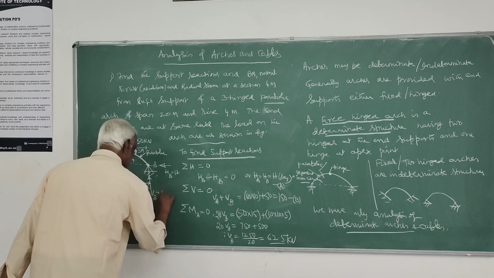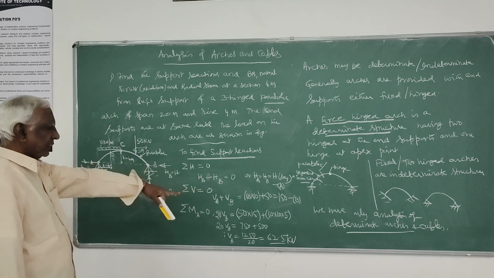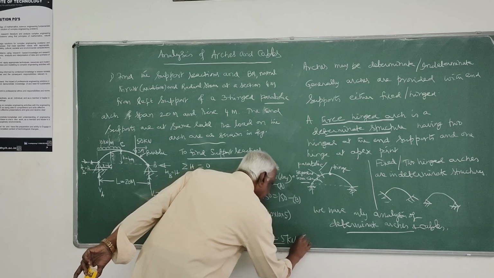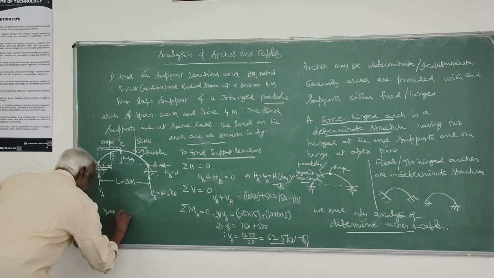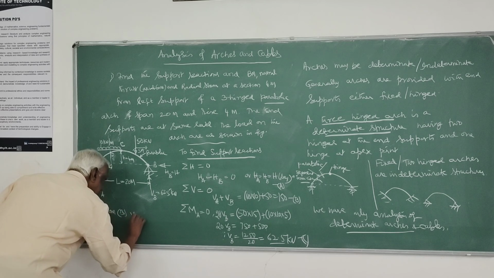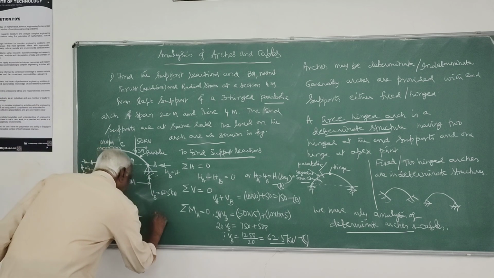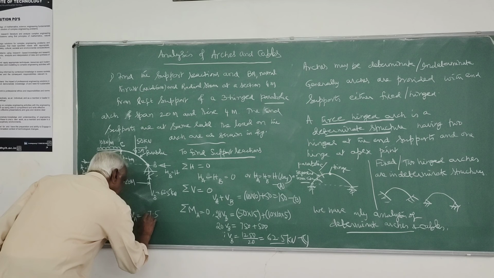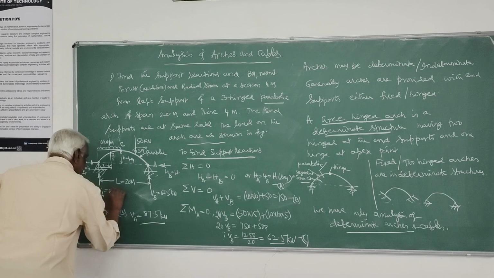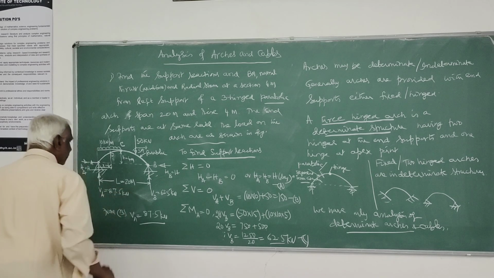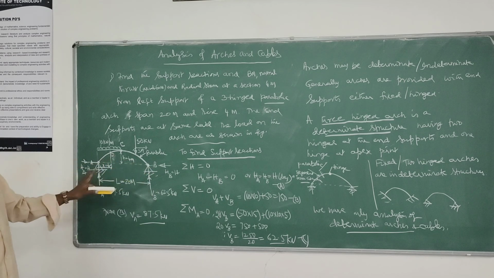Now from B, VA equals 150 minus 62.5, that is 87.5 kilonewtons. So you have determined the vertical reactions. Only the horizontal reaction H you have to determine.